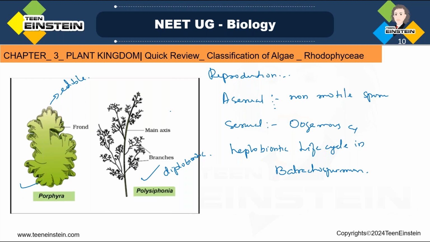And habitat: chlorophyceae have freshwater, brackish water and saltwater forms. Phaeophyceae and rhodophyceae also have freshwater, brackish water and saltwater forms. Clear?